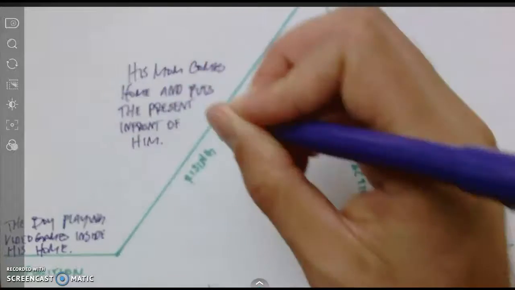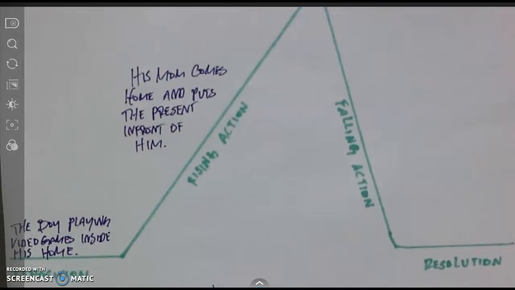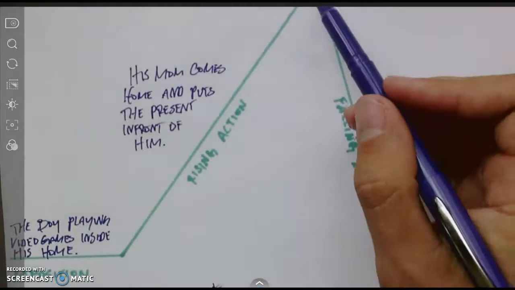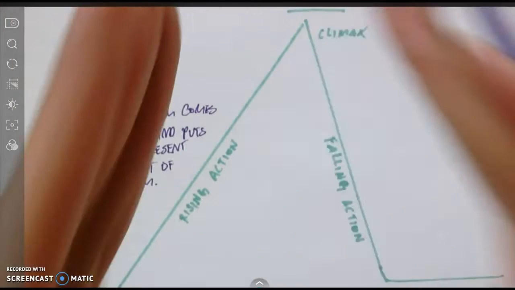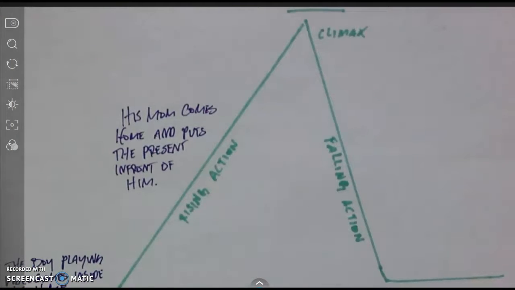The beautiful thing about watching short films is that we get to do this. All short films have all of these, but it's all so short. It's also compacted together that it provides a really good example. So the rising action: Mom comes home, gives him a gift.